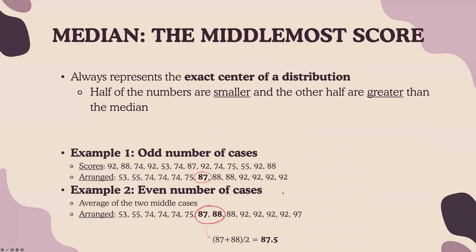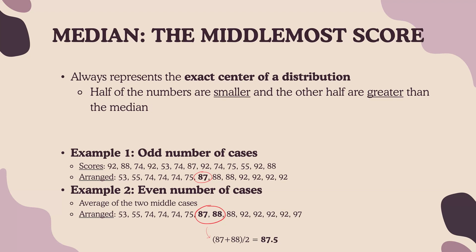The median is a little bit more sophisticated, right? The mode can be calculated for nominal, ordinal, and interval ratio variables. The median requires a higher level of measurement, because we want to figure out what the middlemost value is, we need to be able to order those values, right?